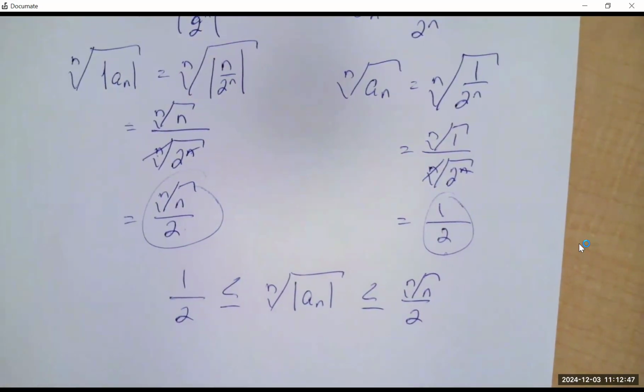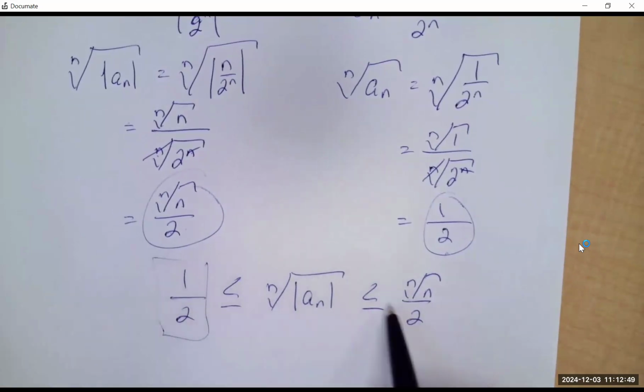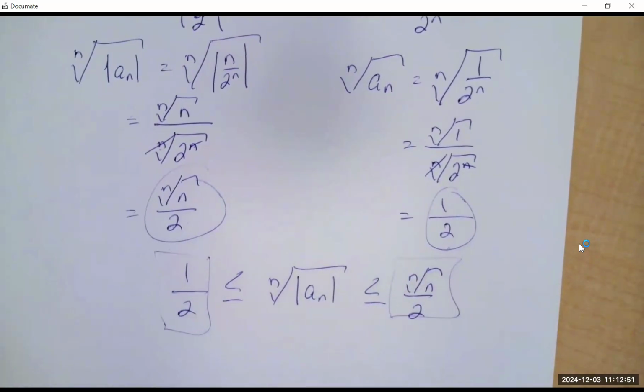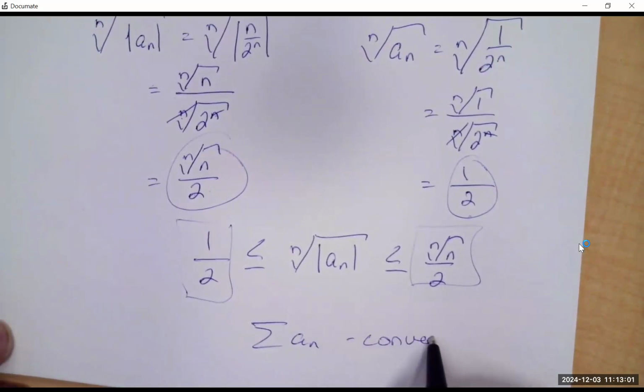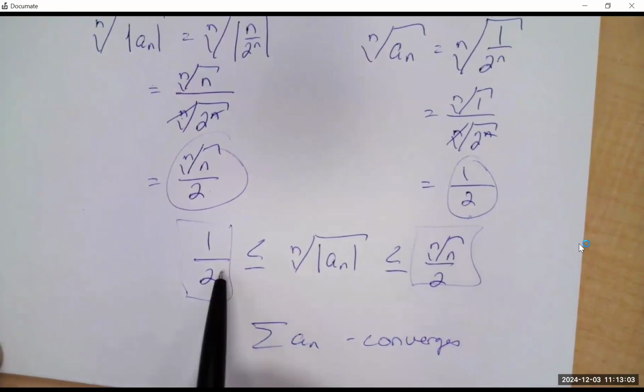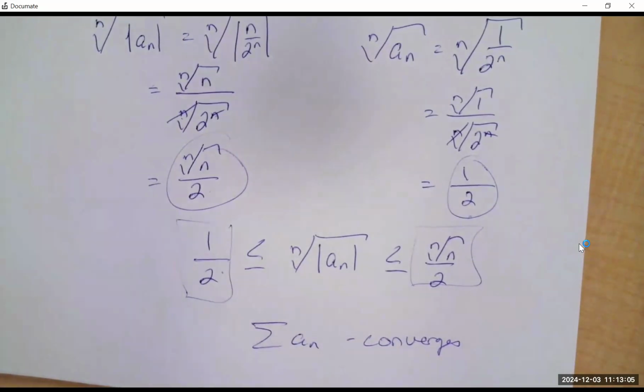Since it's bounded, what do we know about the summation of a sub n? Does it converge or diverge? Because it's within a bound, it's finite.